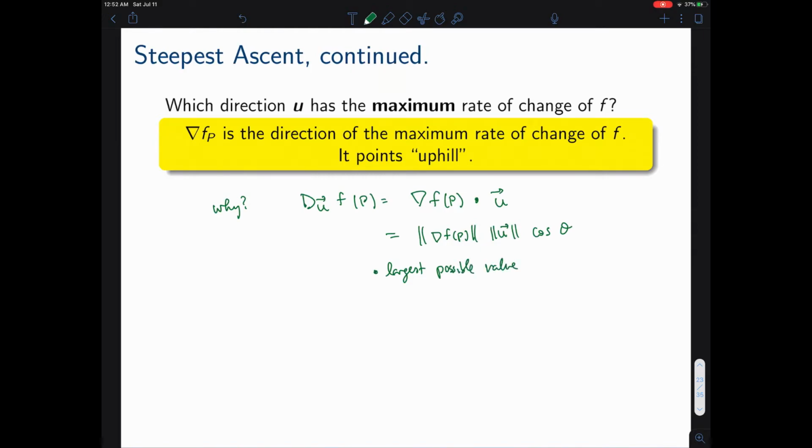The largest possible value is the magnitude of the gradient times the magnitude of vector u, and that happens when cosine theta equals 1. So theta is 0, and the gradient and vector u are parallel in the same direction.